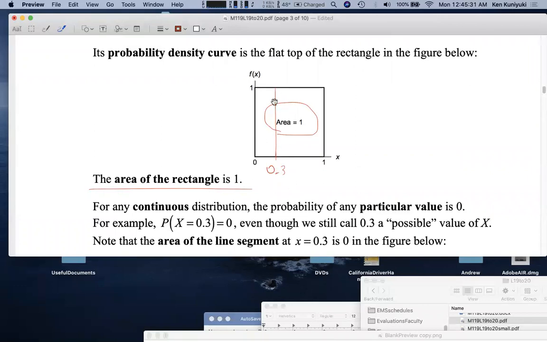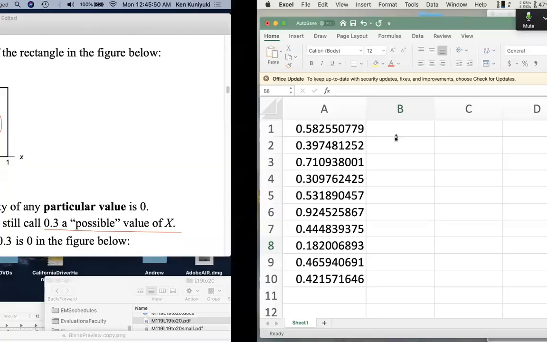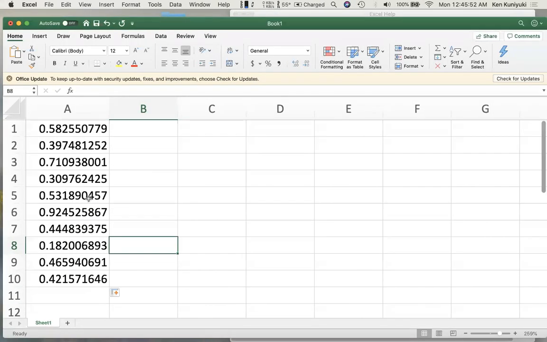And what's the area of a line segment? The area of a line segment is just 0. So technically, the probability that x takes on exactly the value of 0.3 is 0, which might seem a bit contradictory because we're claiming that 0.3 is a possible value of x. It's a number between 0 and 1. It's a number that could be spit out by this Excel spreadsheet.